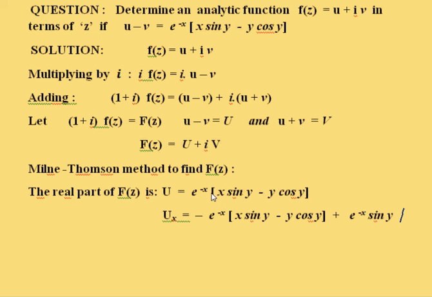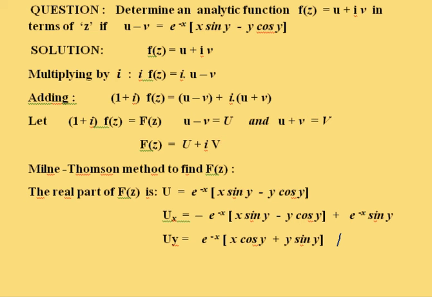We have here used the product rule for the differentiation. Now differentiate capital U partially with respect to y. We will get del U upon del y, that is Uy, and it will be equal to e raised to the power minus x, (x cos y plus y sin y).